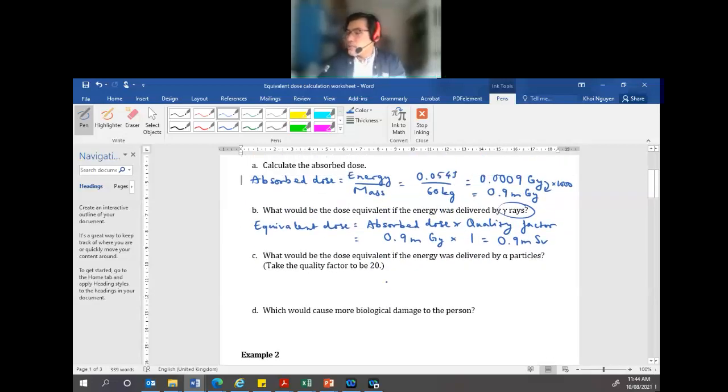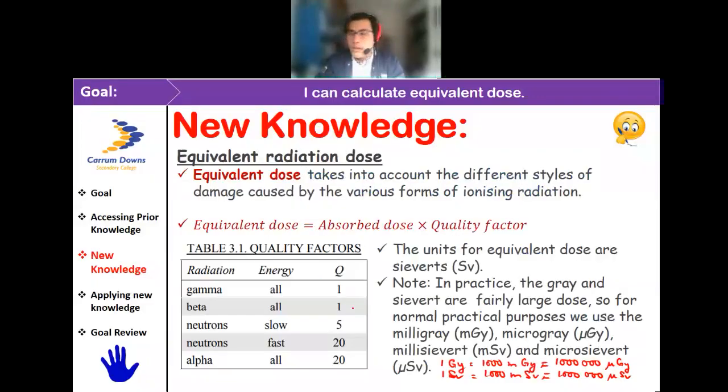Then question C says, what would be the dose equivalent if the energy was delivered by alpha particles? So we're going to use the same equation as before: absorbed dose times the quality factor. The absorbed dose is 0.9 milligray again, and the quality factor for alpha, if we go back to our PowerPoint, is 20.